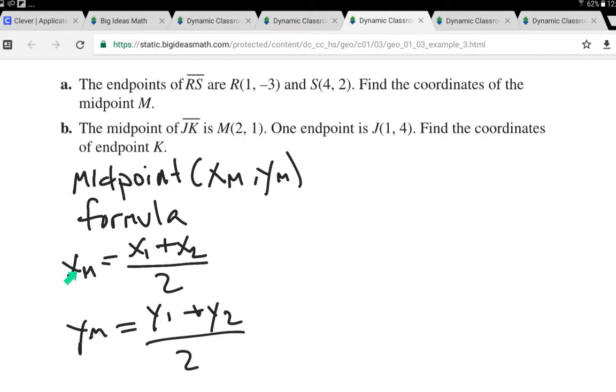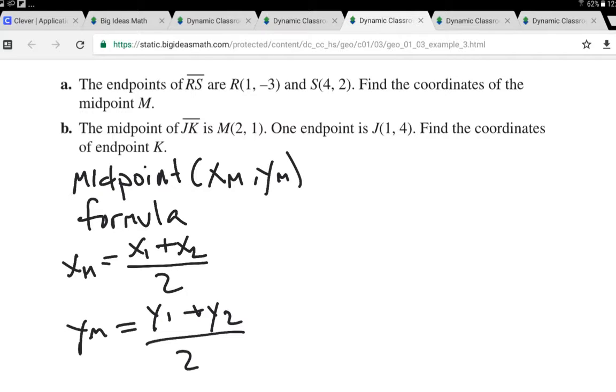So we already know the x-coordinate for the midpoint, and we know one of the x-coordinates for one endpoint, so we'll plug those in, and then we'll solve the equation for the other endpoint. We'll do the same thing for the y-coordinate. Let's take a look.